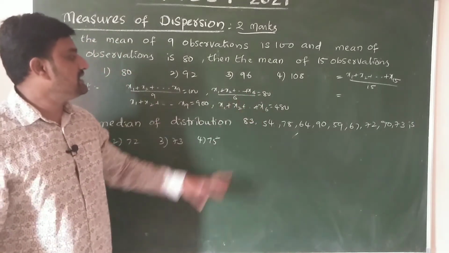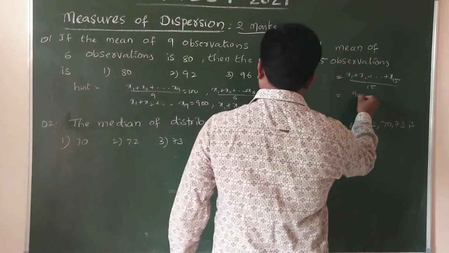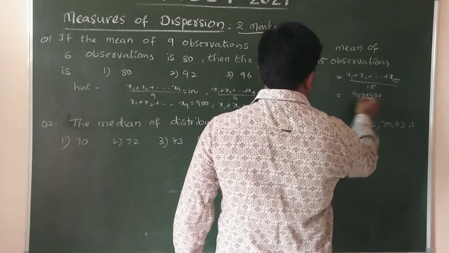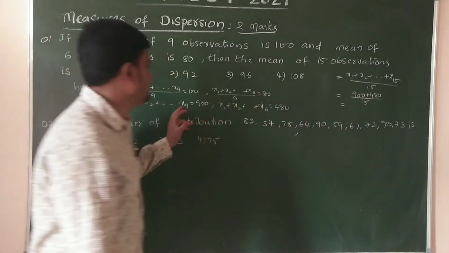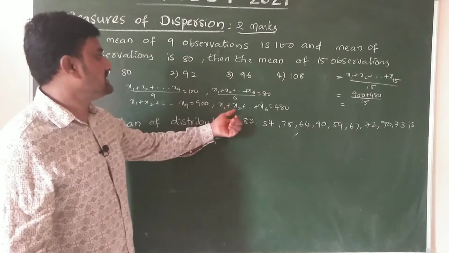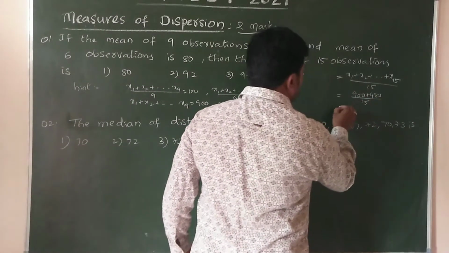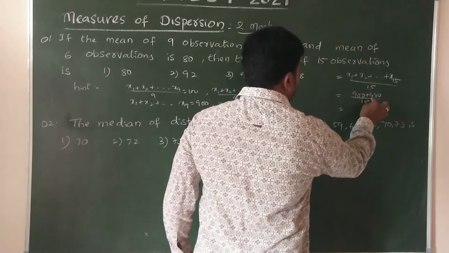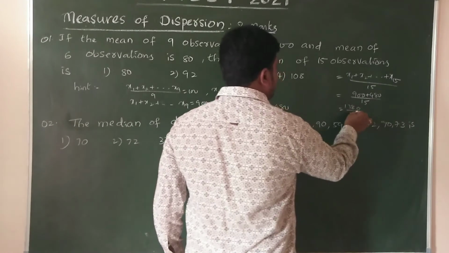Now adding all this, we'll get 900 plus 480 by 15, because we have 15 here. Yes or no? Adding all these, 900 plus 480 is 1380, by 15.